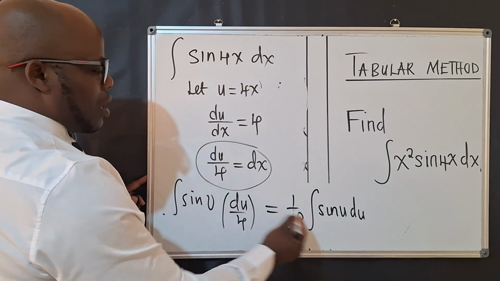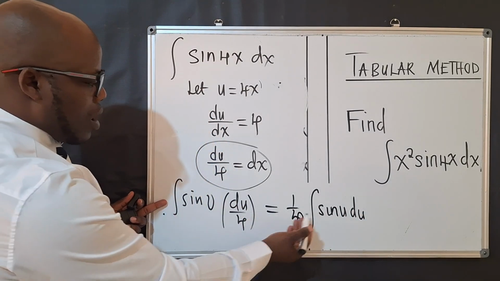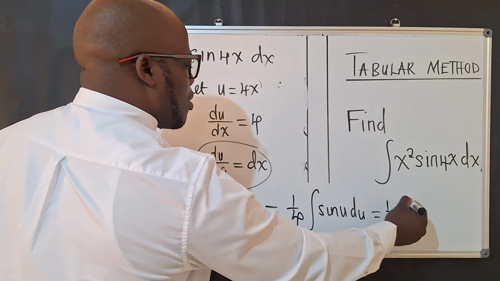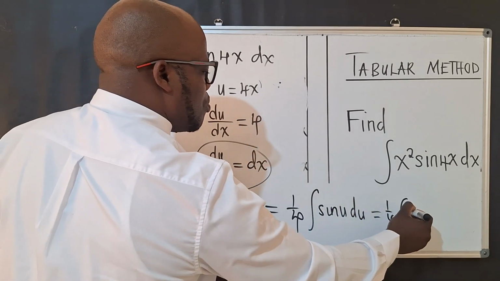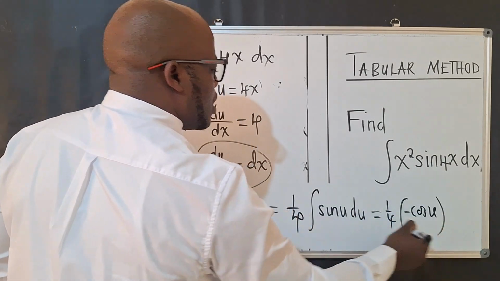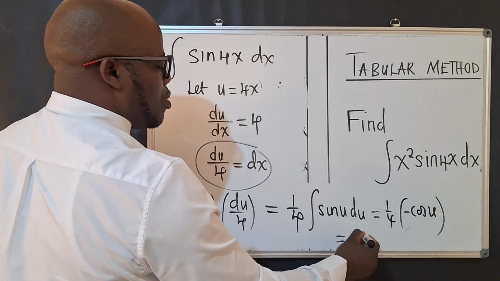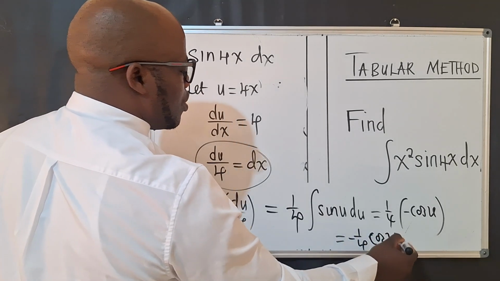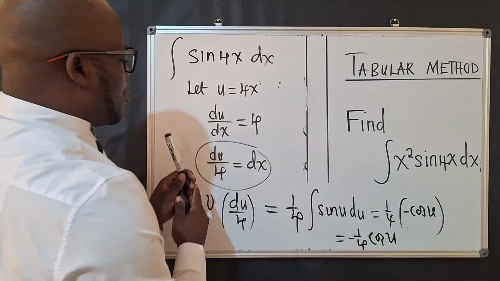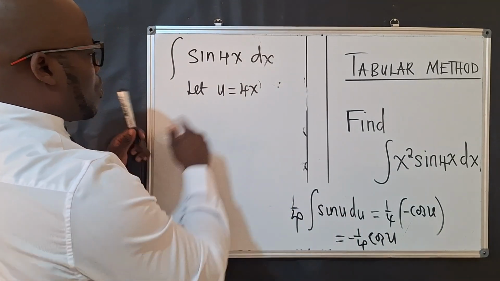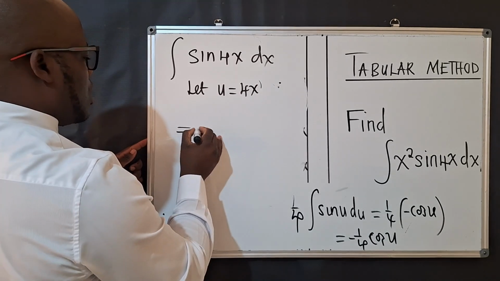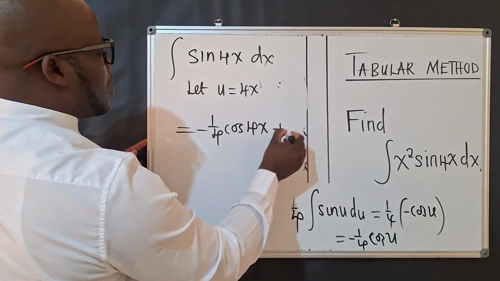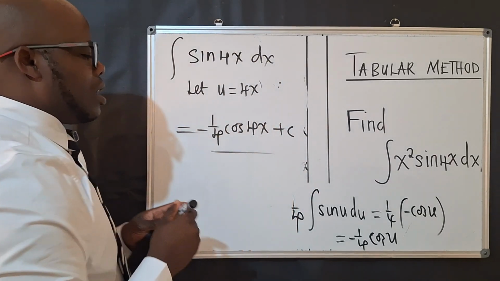You can factor out the 1 over 4. Now you find the integral of sine u, which is negative cos u. So now we can plug back the value of u. Remember, we said u is equal to 4x. So we can say our answer is negative 1 over 4 cos 4x plus a c. The integral of this is right here.